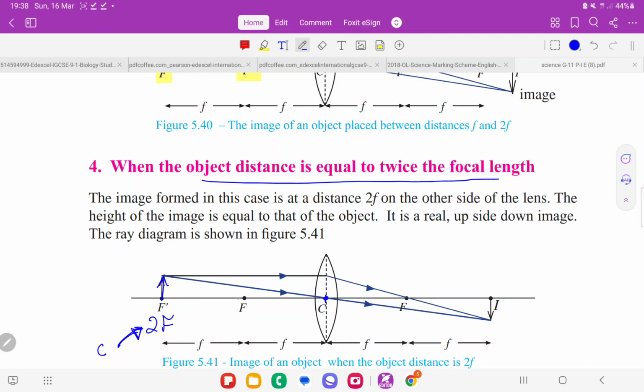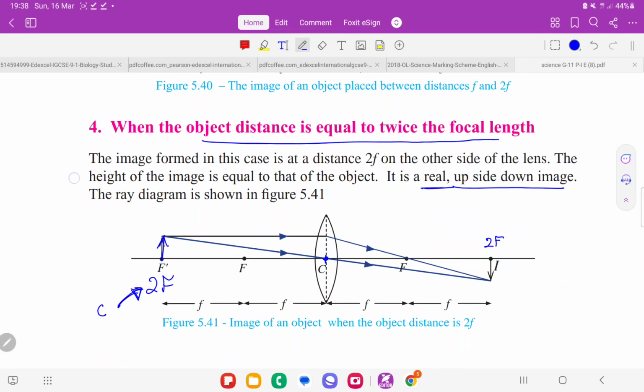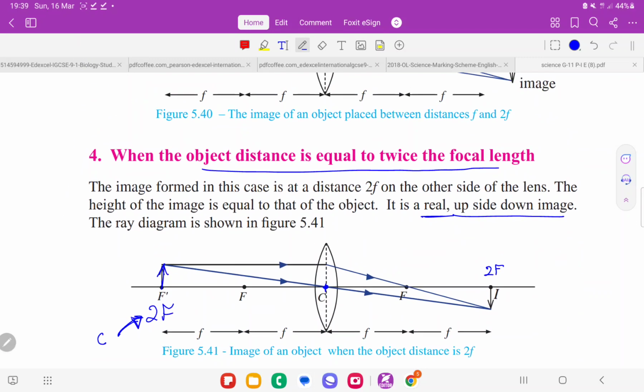So here the image is created exactly at 2f, like in mirrors where it's created exactly at C. It is the same size but upside down, or inverted, and it's a real image. Same size, same position.